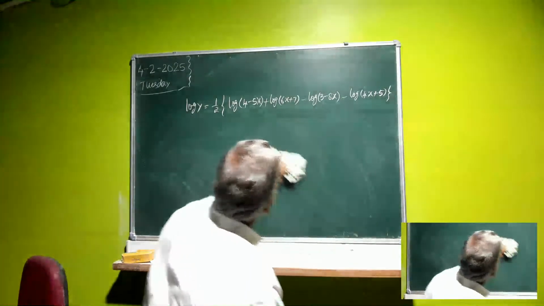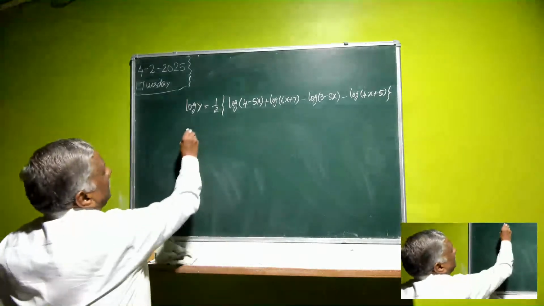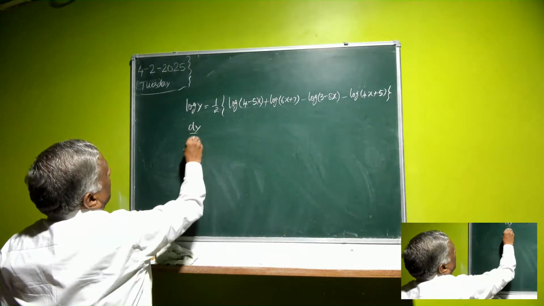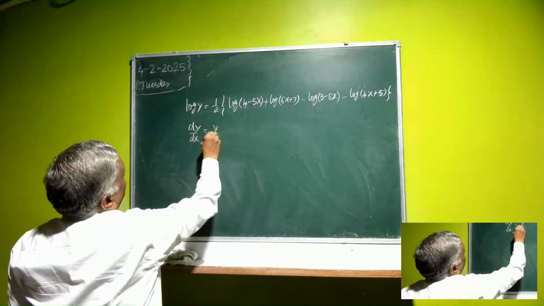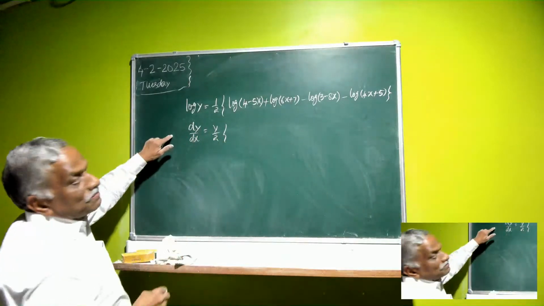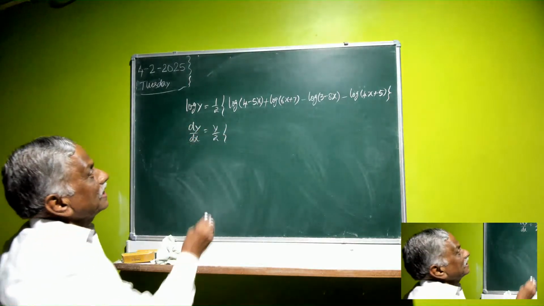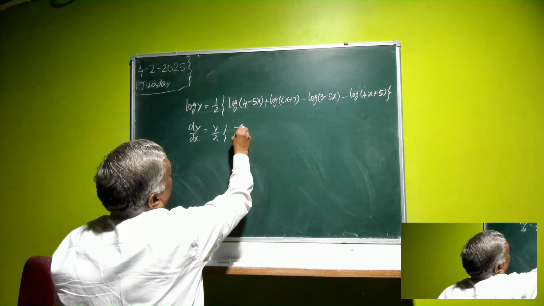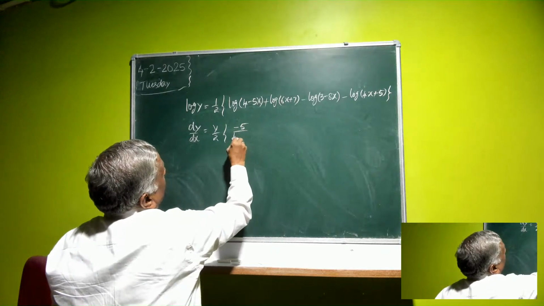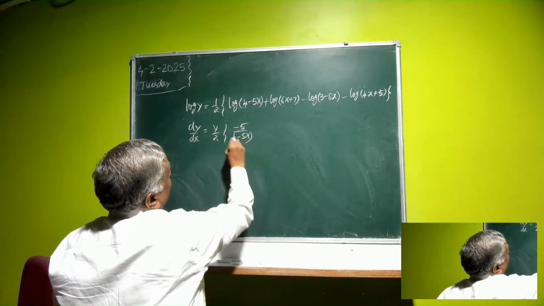So what is your next step? dy by dx equals y by 2, is 1 by y and directly shifting here. This is minus 5 over 4 minus 5x. Be very careful.